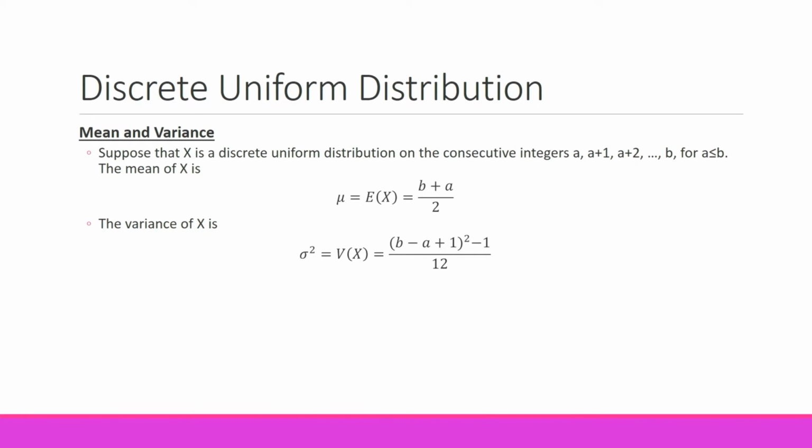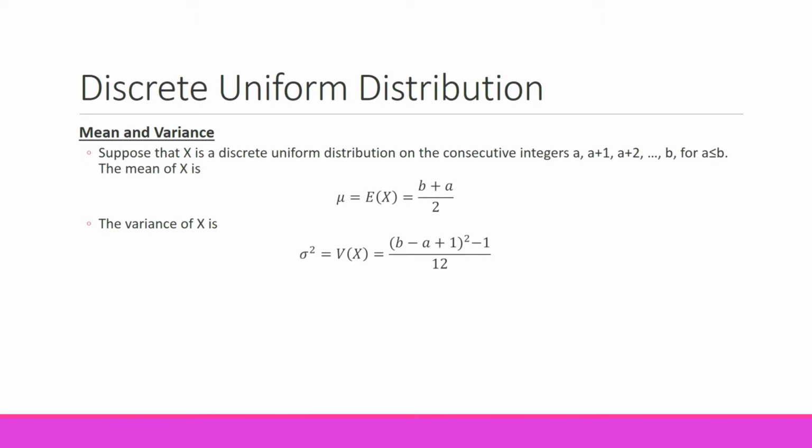Now, it's important to notice that our definition here is talking about consecutive integers, starting at a and then going up to b. We'll look at an example in a moment where this fact plays a part.